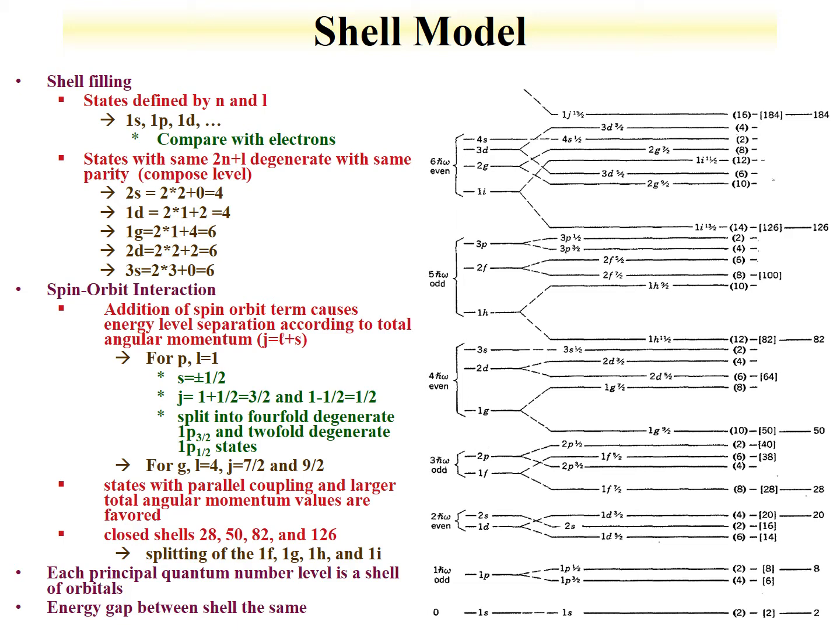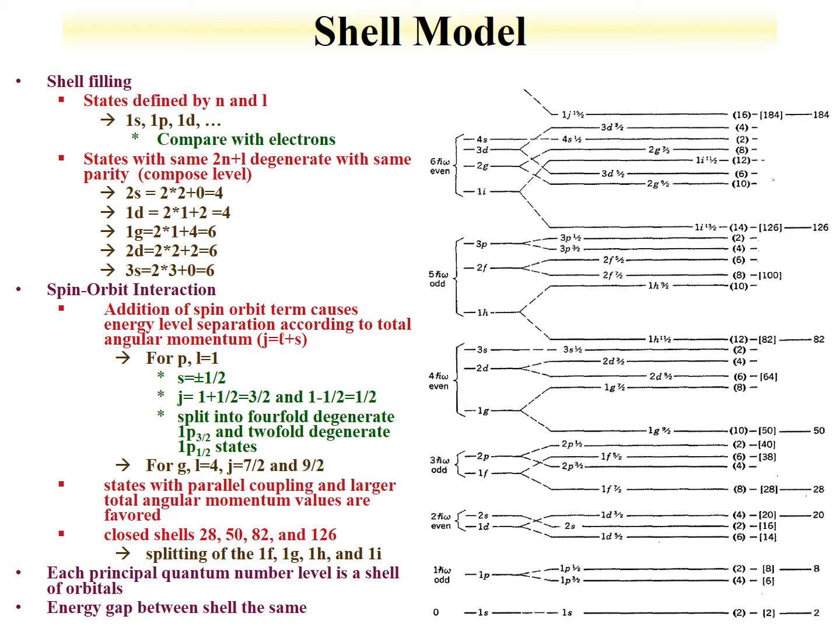The shell levels are filled based upon their relative energies, and we can define the states by two quantum numbers, n and L, n being a principal quantum number, L being angular momentum. And unlike electrons, nuclear states can have a 1p, a 1d, a 1f, a 1g.